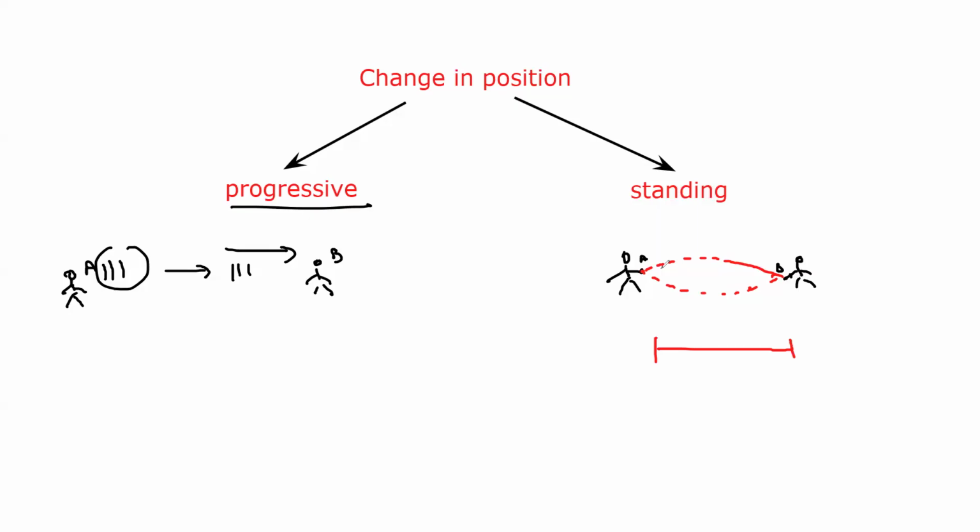It does not travel anywhere outside. This type of wave, produced in a finite region, we call a standing wave. So a progressive wave moves from one place to another, but a standing wave is confined within the region.